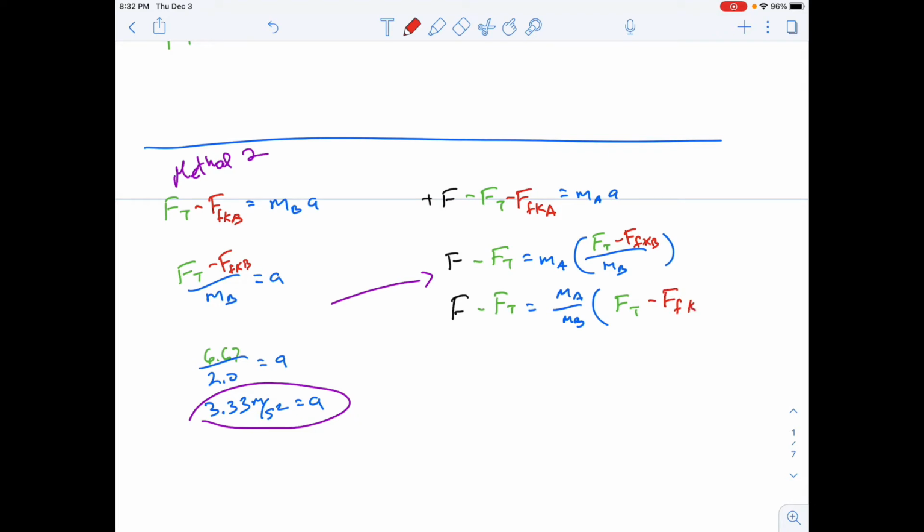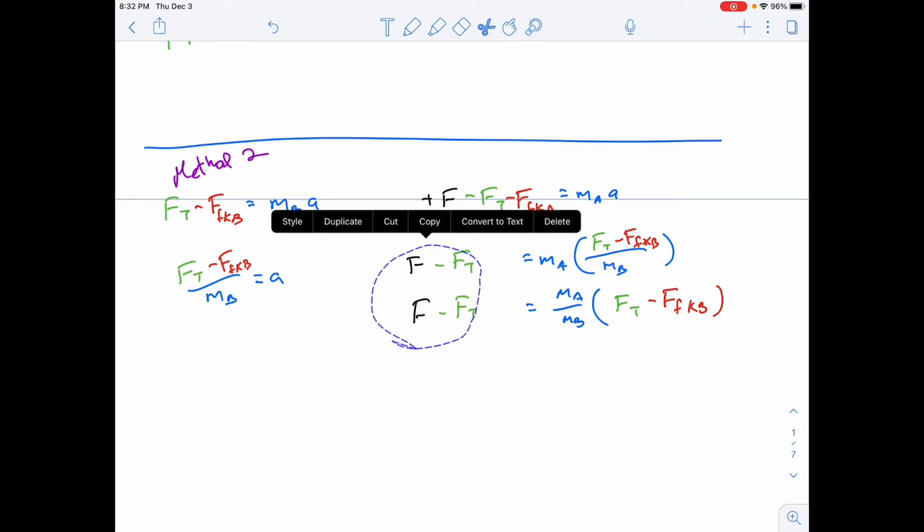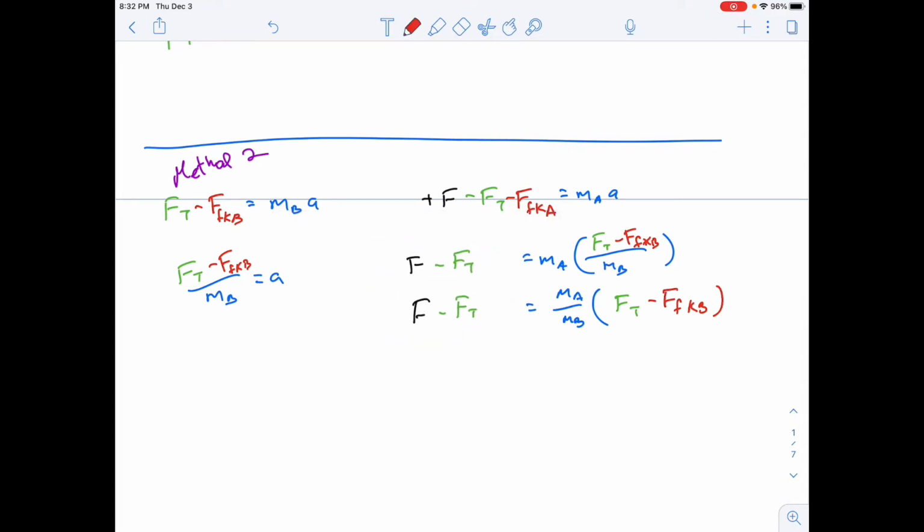All right. And I forgot that this, the force of, give it some more room.